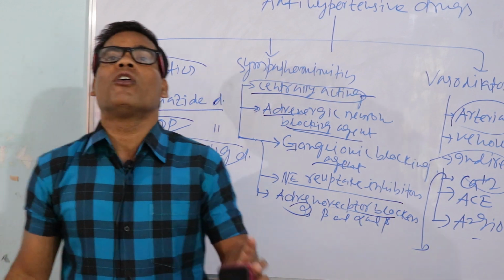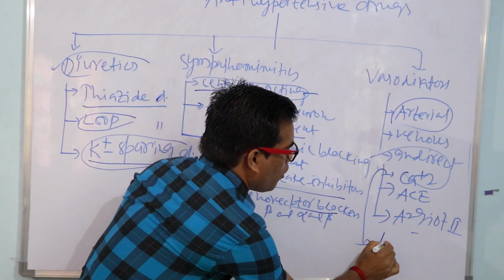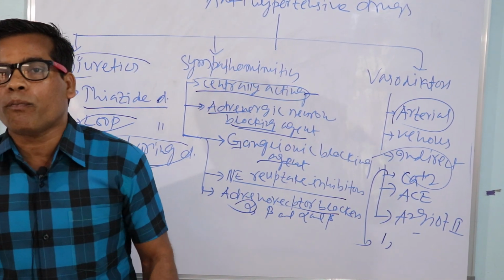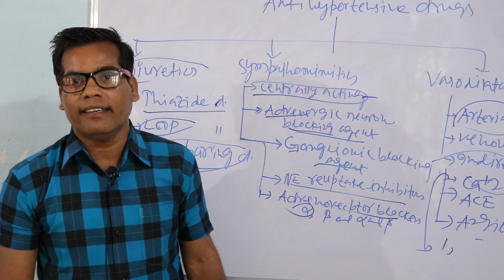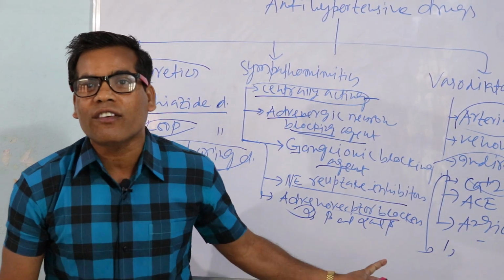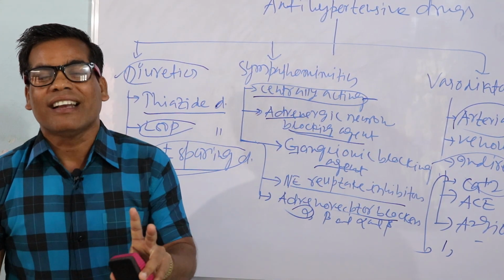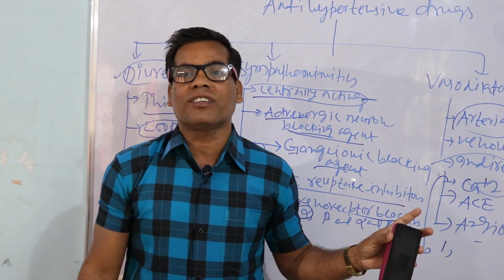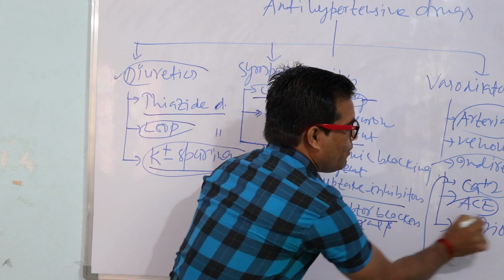Only one example, diltiazem. Third one is 1,4-dihydropyridine derivatives. Examples: nifedipine, felodipine, nisoldipine, nicardipine. These are the three groups of calcium channel blockers used to treat hypertension.